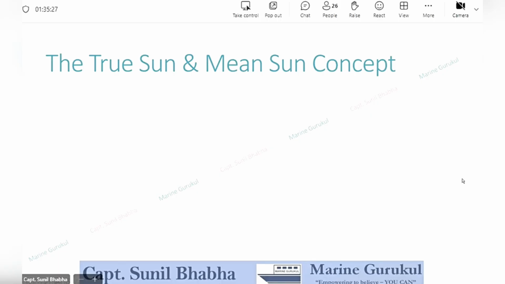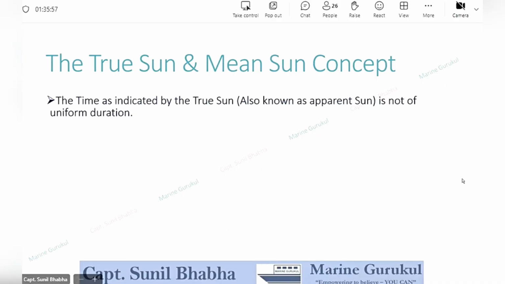We have seen time being referred to as mean time or apparent time or sidereal time. We will see what we mean by these three different types of times. Also, we have seen the sun being referred to as two different types, true sun or the apparent sun and the mean sun. So we are going to understand what these two different types of suns are.